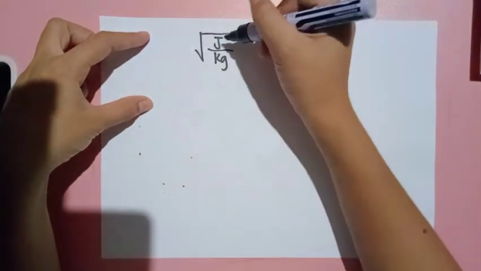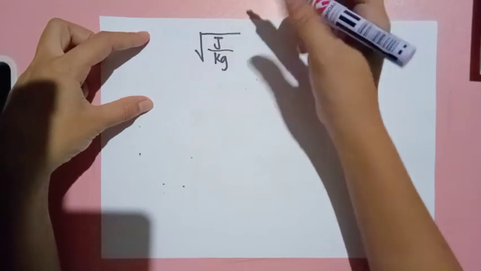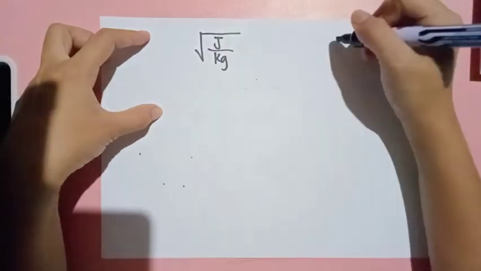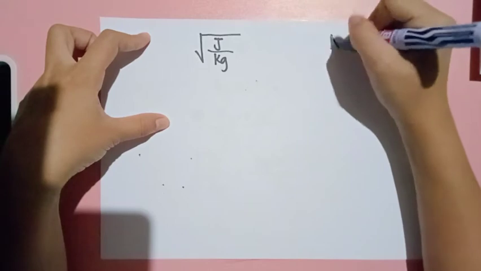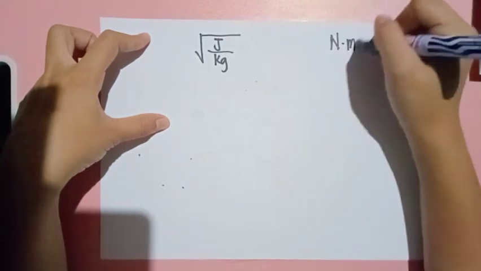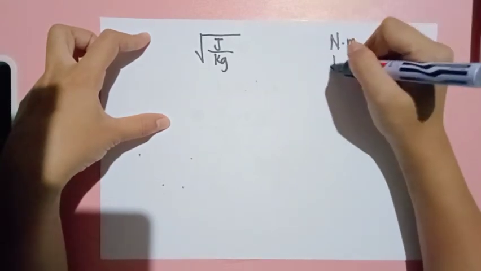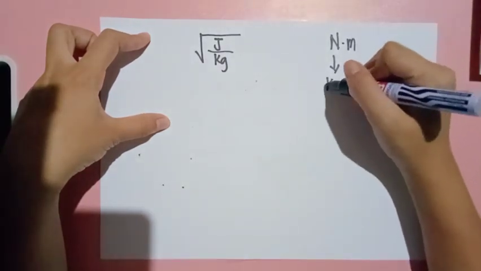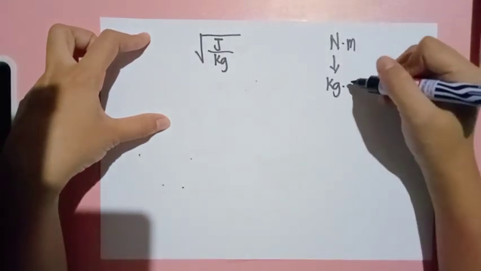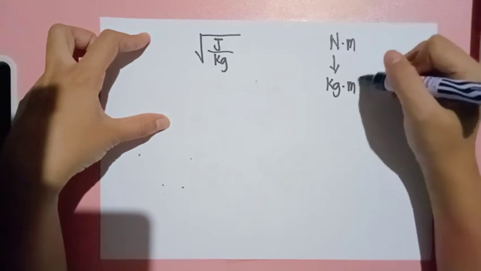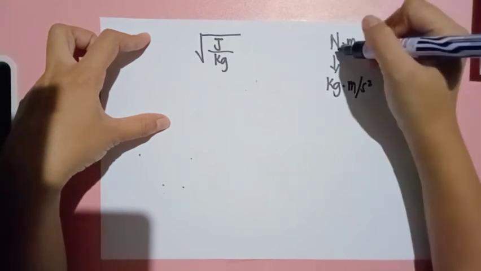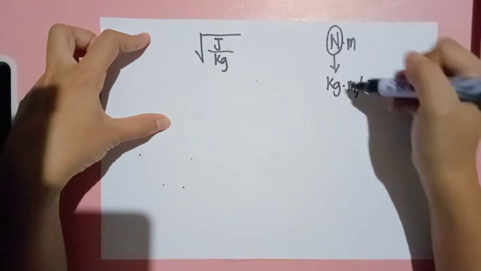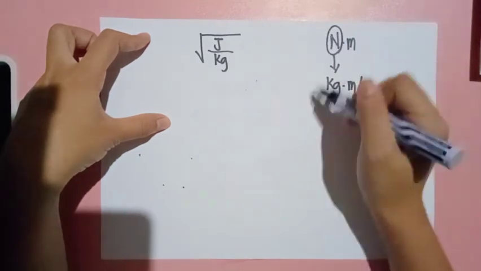Joules is the same as newton meter. And the newton is kilogram meter per second squared.